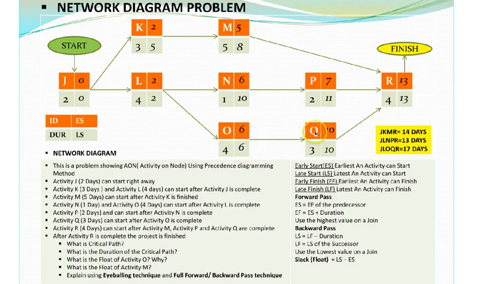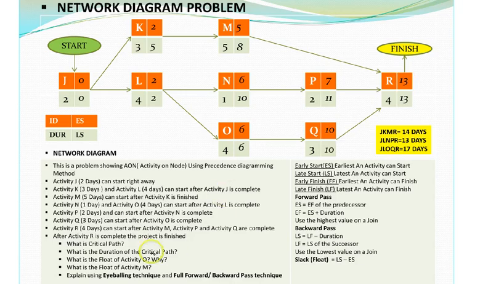For activity Q, the float is 10 minus 10. And for activity R, it is 13 minus 13. So this is the best way to make sure that your calculation was perfect. The float on the critical path should always come out to be 0.